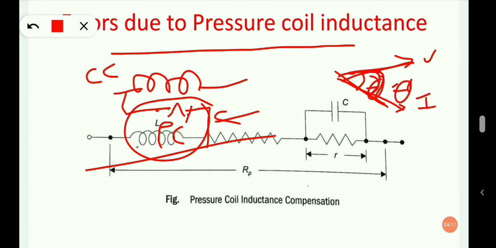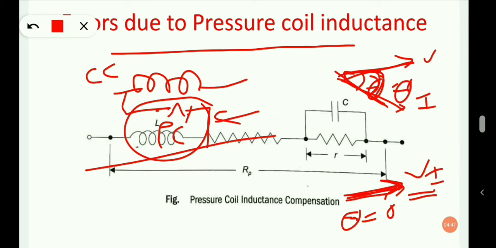But when voltage as well as current are both on the same line, at that time there is no phase angle, that is, the phase angle is 0. At that time we can say these two quantities are in the same phase.